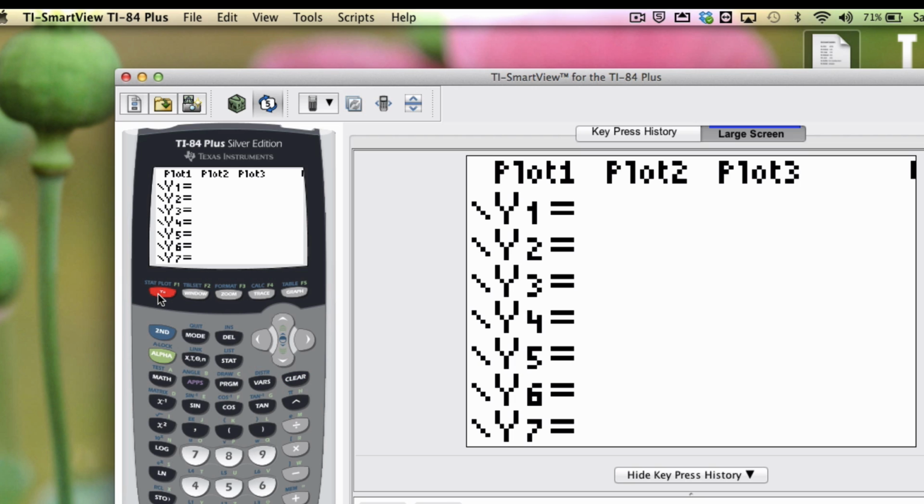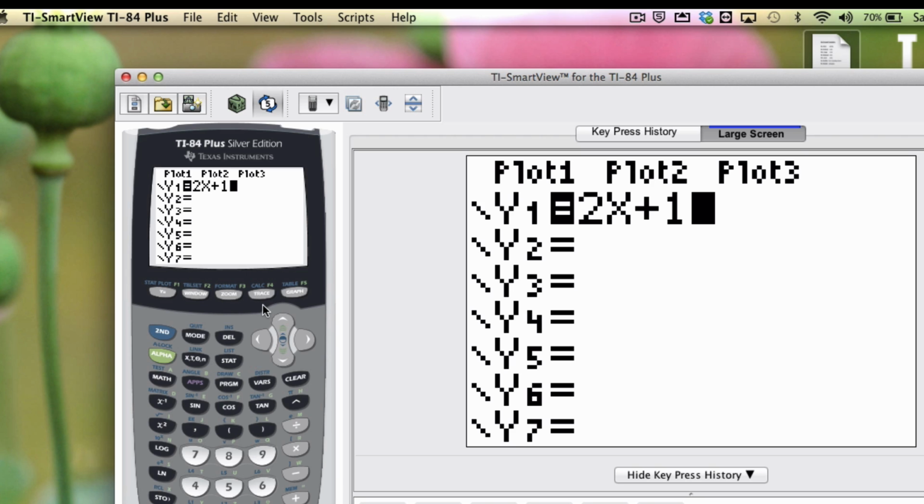So I'm going to press y equals. Let's say our function was something like 2x plus 1. Okay, notice in order to graph things in our graphing calculator, it needs to be isolated for y.